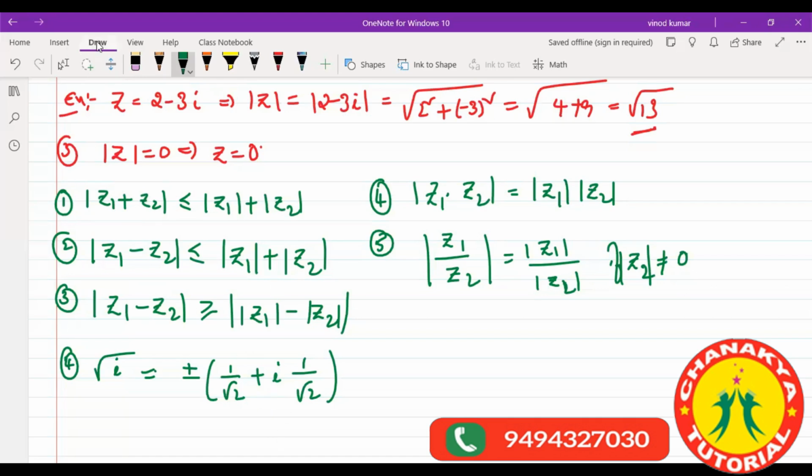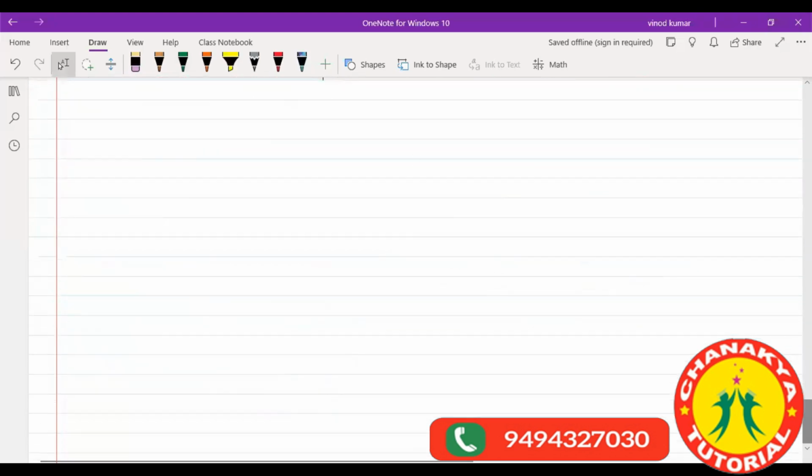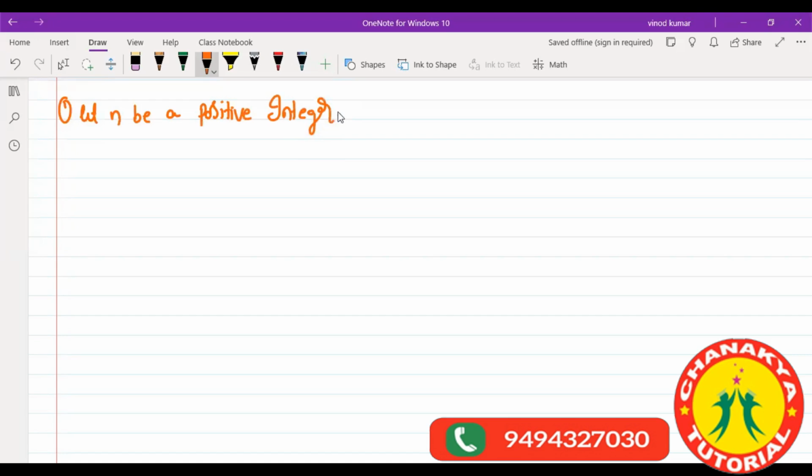Next, nth root of unity. Let n be a positive integer and Z be a complex number.